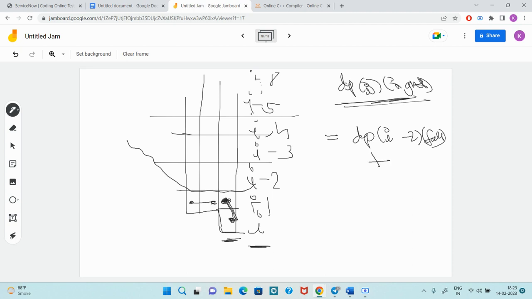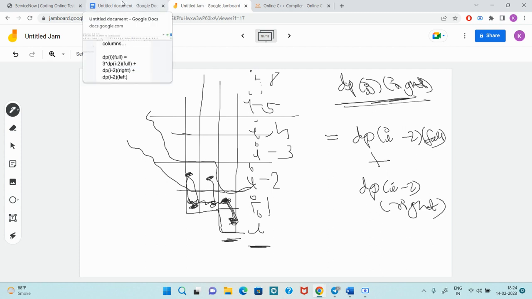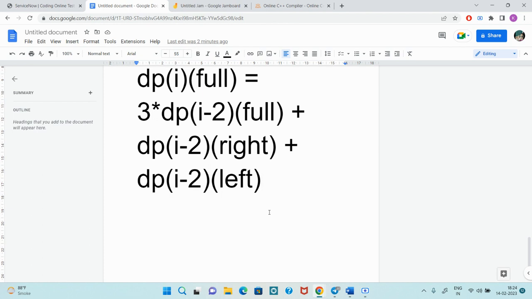What if you kept one vertical stick here, and rather than keeping this horizontal you kept two vertical sticks here? So the answer would be the number of ways to do this much, and this is again the same, the right one only. Number of ways to do this much, so this is nothing but dp of I minus 2 right. Okay, so that's it.